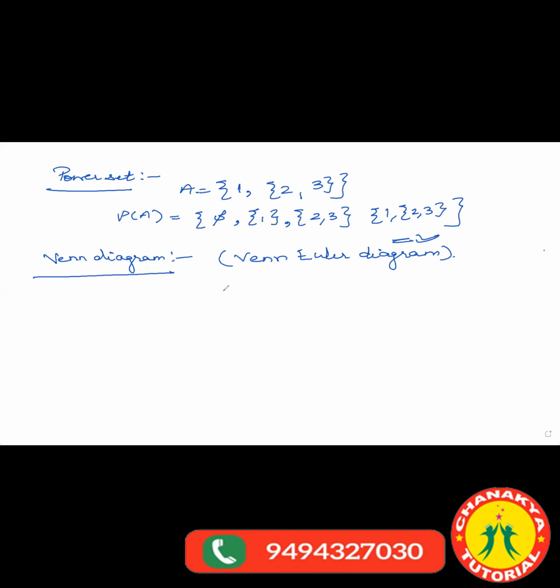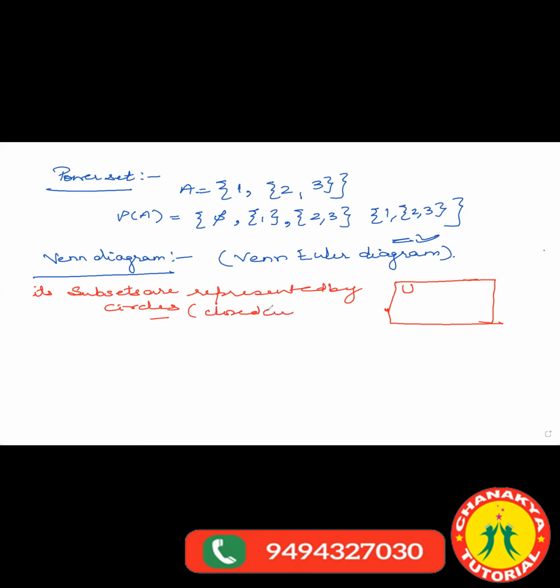Usually the universal set U is denoted by a rectangle, and here you write U. Its subsets are represented by circles, or closed curves, within the rectangle only.